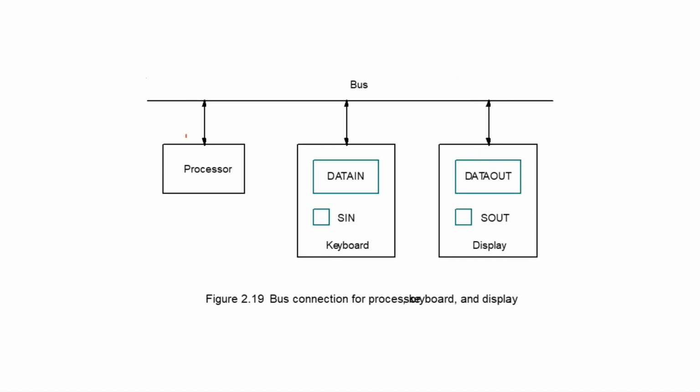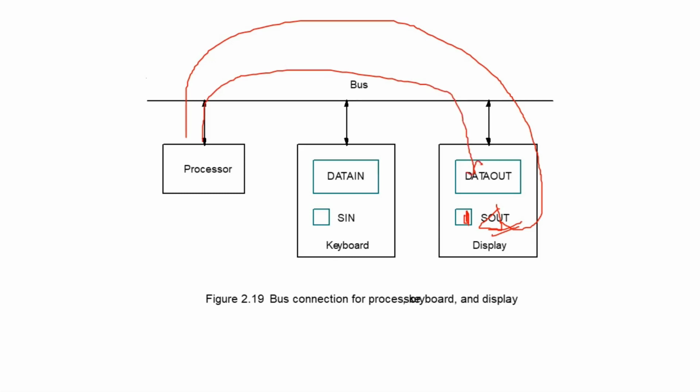The processor initially checks the signal of the output device, the display. If it is 0, that means the display is busy displaying some other data and cannot handle the processor's data right now. So the processor keeps checking this SOUT. When SOUT becomes 1, that means the display is free now and the processor can send data to the display. That time the processor sends data to the display buffer.